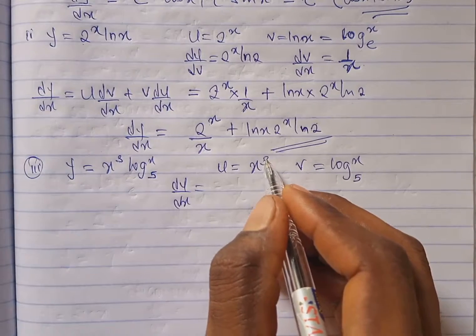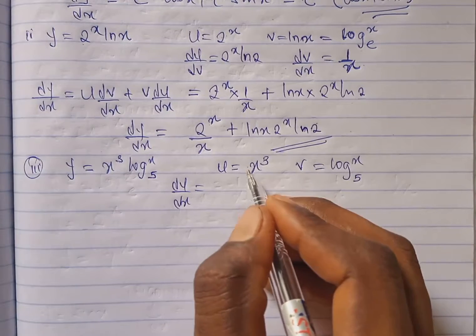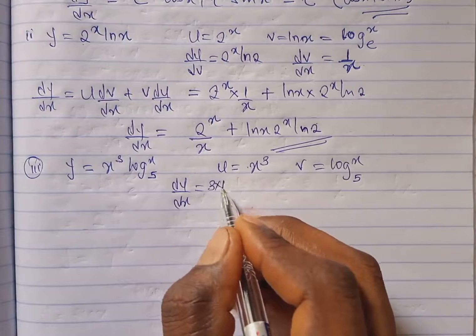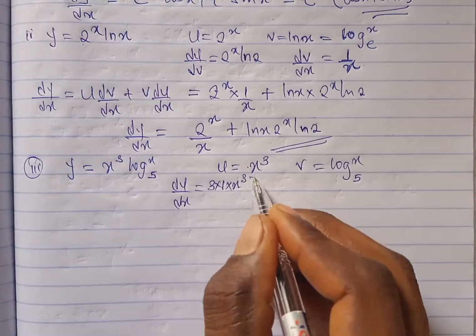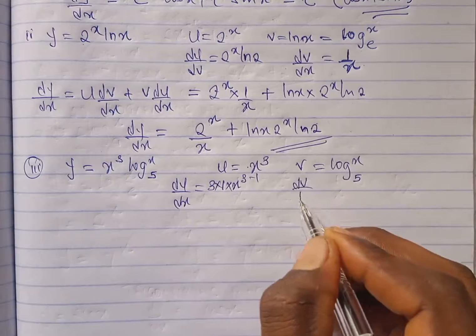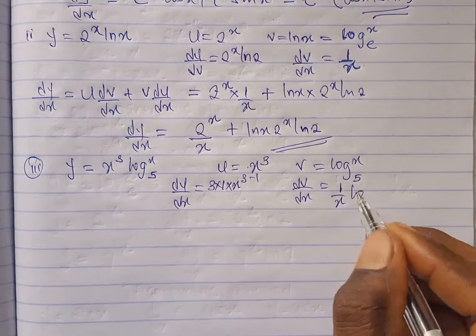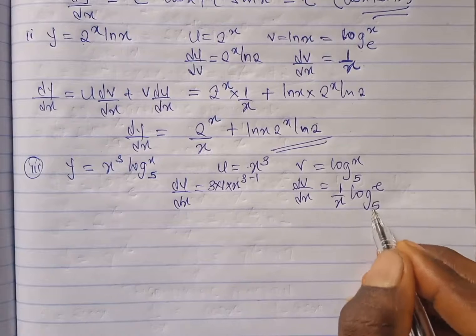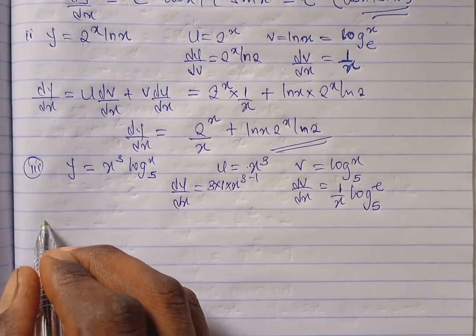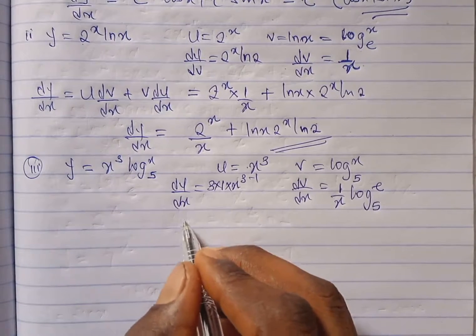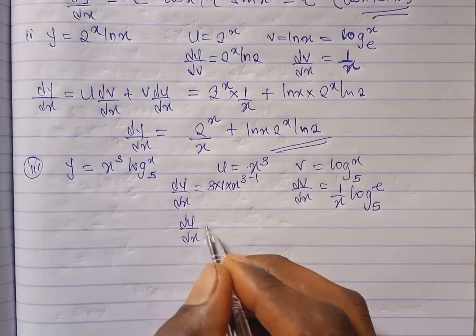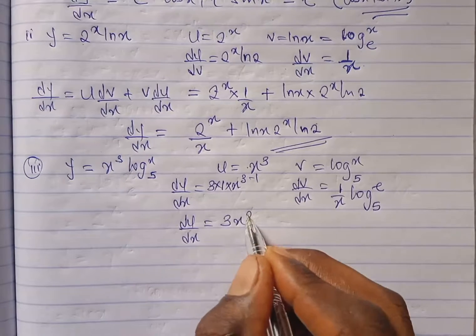This is a power and the coefficient of x cubed is 1. So it's going to be 3 multiplied by 1 multiplied by x raised to the power of 3 minus 1. Then your dv/dx is the same as 1 over x log e base 5. So your du/dx is the same as 3x squared.